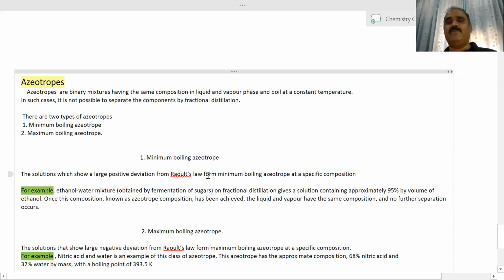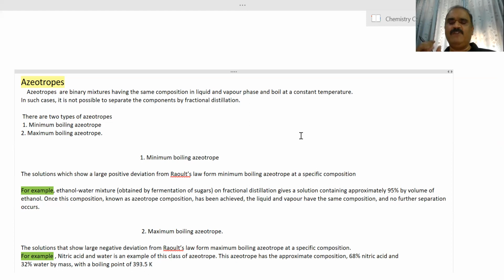Means their vapor pressure is higher than given by Raoult's law. And it will affect its boiling point. When vapor pressure becomes higher, boiling point is obviously going to decrease. That is why it is called minimum boiling. Boiling point is lesser than the components.